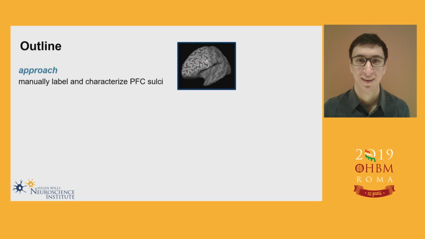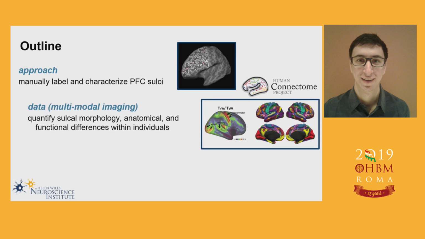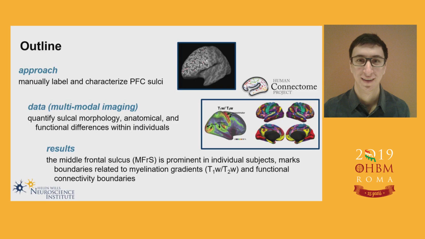We labeled almost all the sulci in the prefrontal cortex within individuals. Then, we used multimodal imaging data from the Human Connectome Project to quantify the sulcal morphology, anatomical, and functional gradients within these individual subjects. And I'll show you using that data how the middle frontal sulcus is a prominent landmark within individual subjects, that it marks boundaries for gradients of both myelination and functional connectivity.